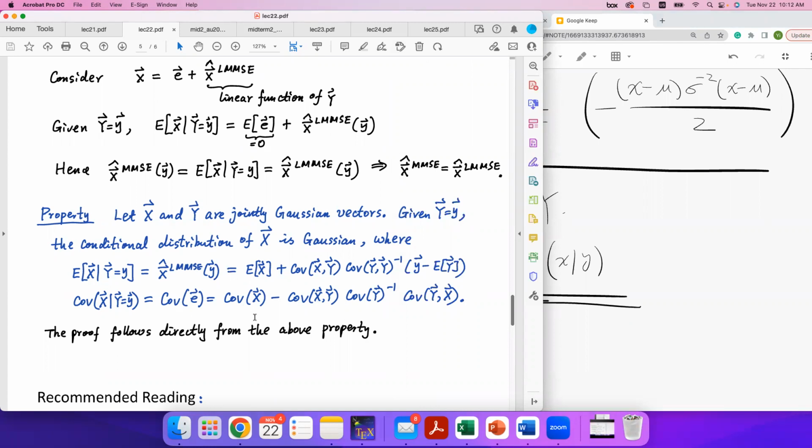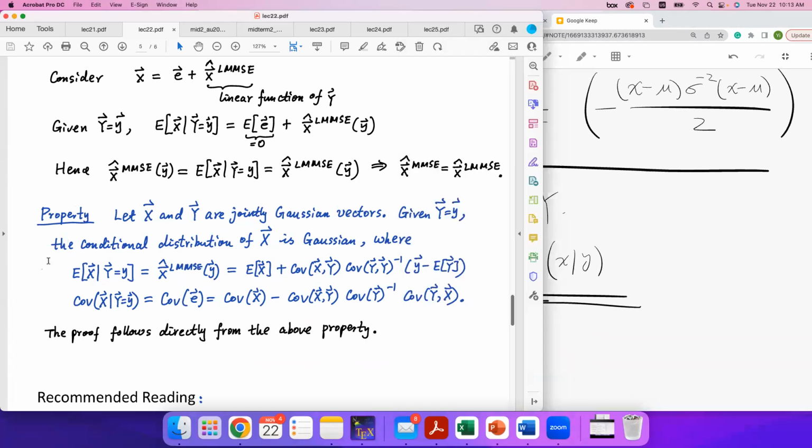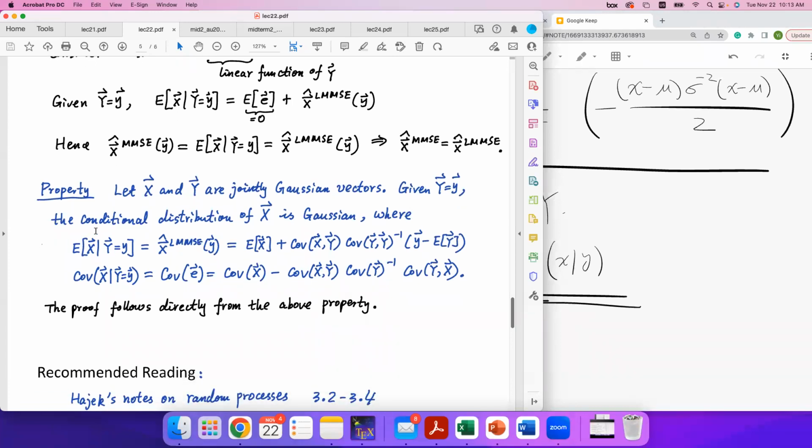So here we can generalize this property to the higher dimensional case. The conditional PDF, if these are random vectors, is also a high-dimensional Gaussian distribution, a multivariate Gaussian distribution. Because this conditional distribution is Gaussian, to characterize the PDF, we just need to know the mean and the autocovariance matrix.